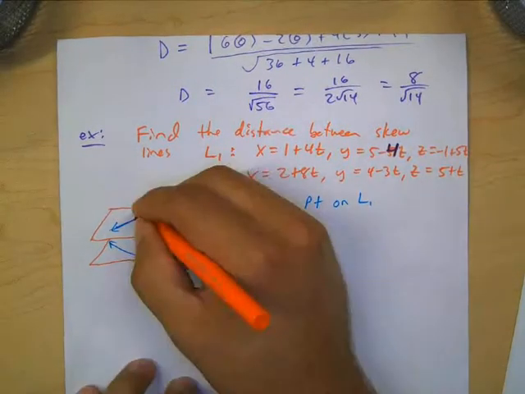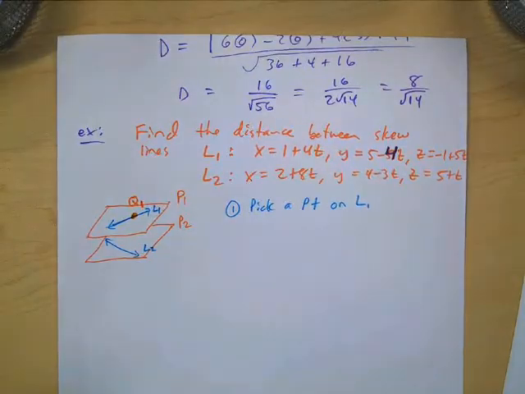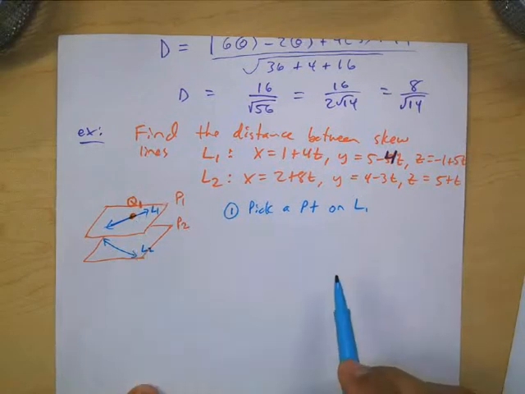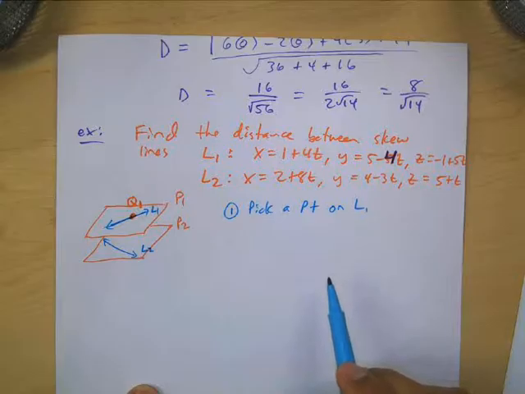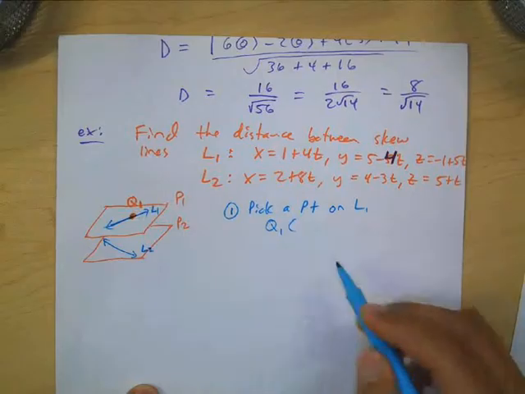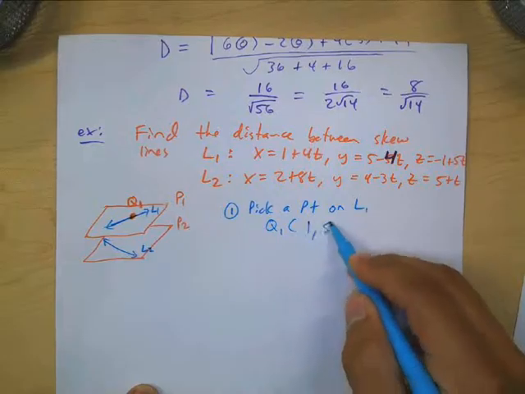Let's call it Q1, since we were using Q earlier. After we discuss what we're going to do, I'll do it. So what's the easiest Q1 point to have here? Where t is 0, so Q1 would be what? Good.